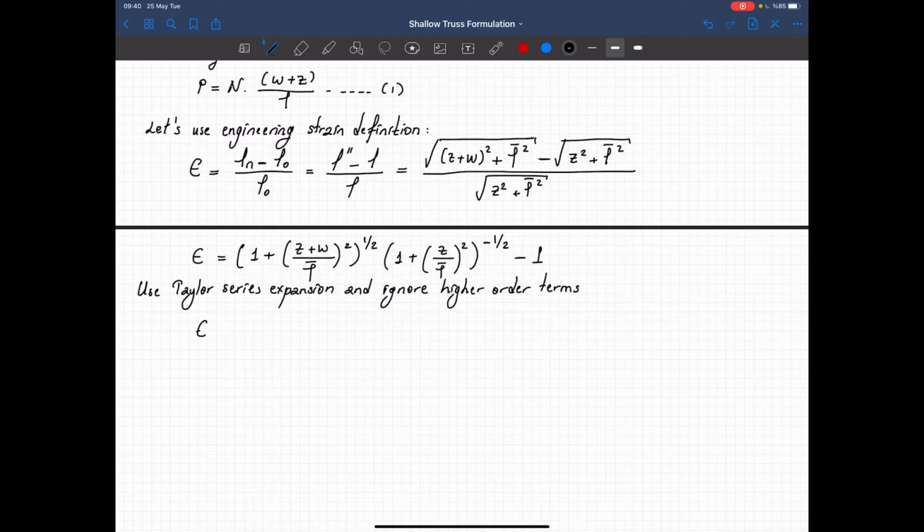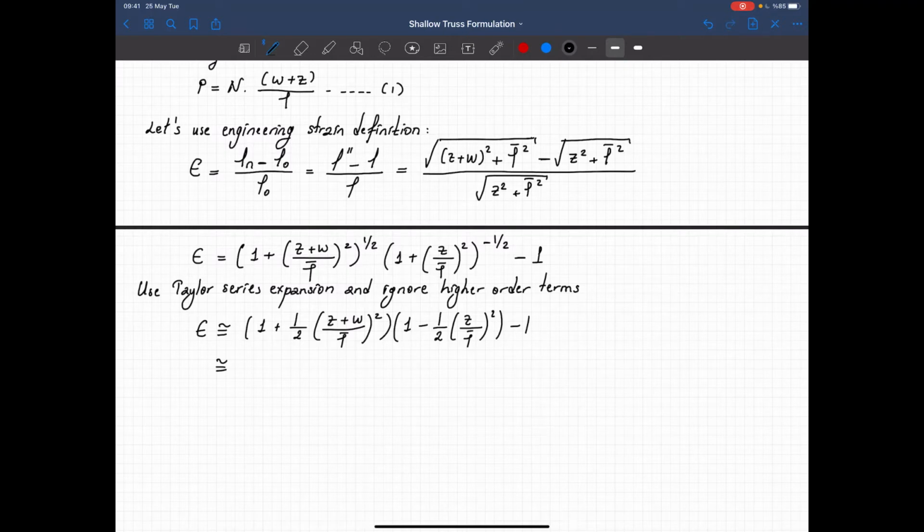You can just say that the strain will then be equal to 1 plus 1 over 2 Z plus W over L hat squared, times 1 minus 1 over 2 Z over L hat squared, minus 1.